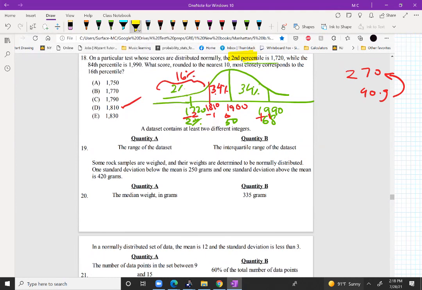Okay. Let's try number 19. The data set contains at least 2 different integers, the range and the interquartile range.